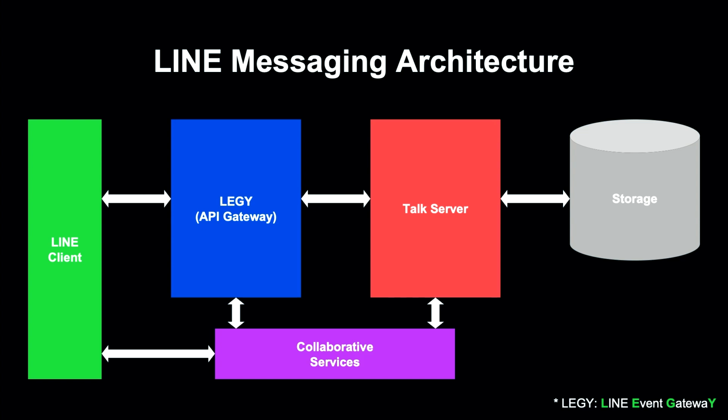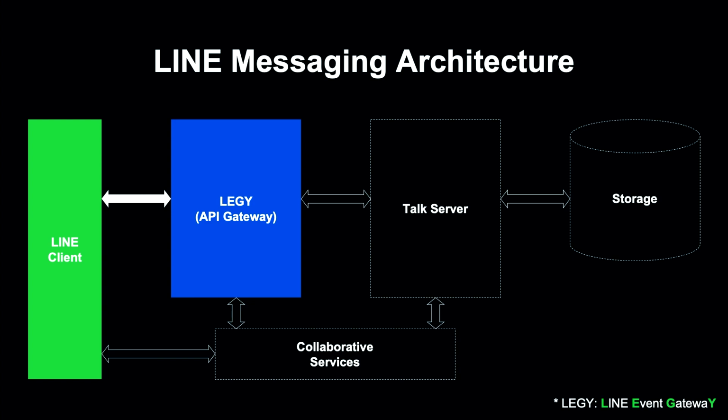Talk server and collaborative services run their own business logic to provide LINT's features such as messaging, media transmission, and so on. One of the LEGY's main responsibilities is to manage connections with LINT clients. This presentation focuses on the communication between LINT clients and LEGY.